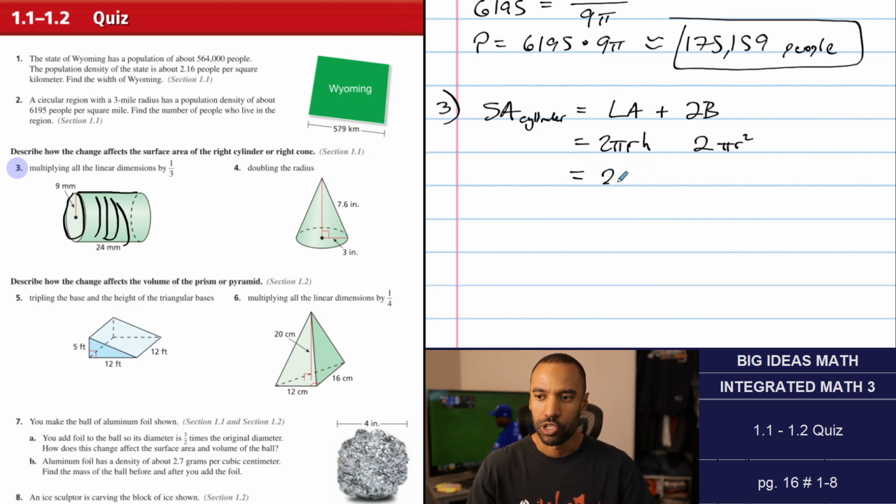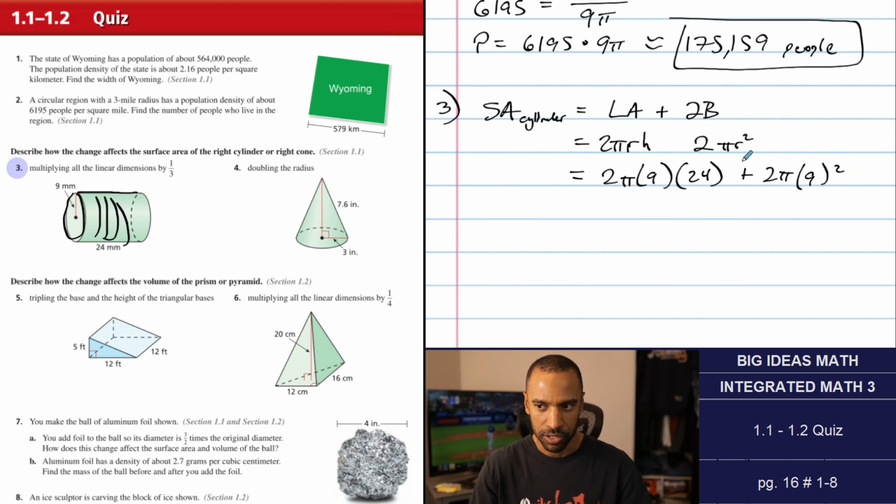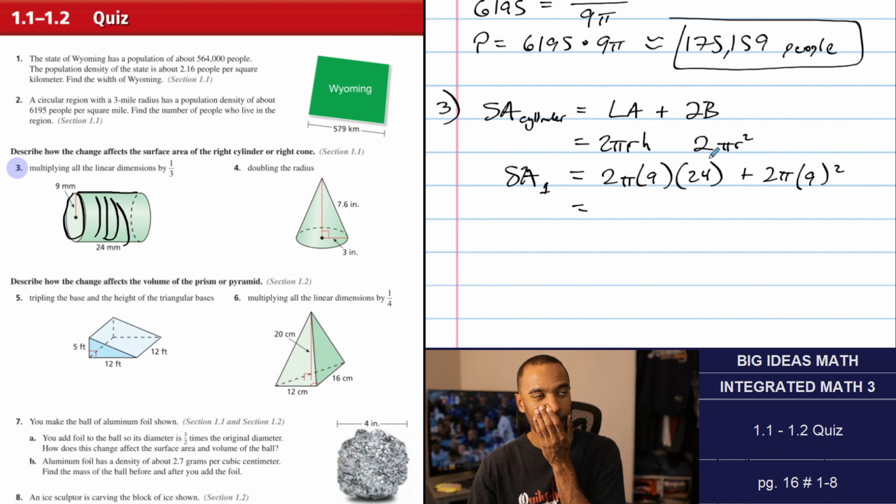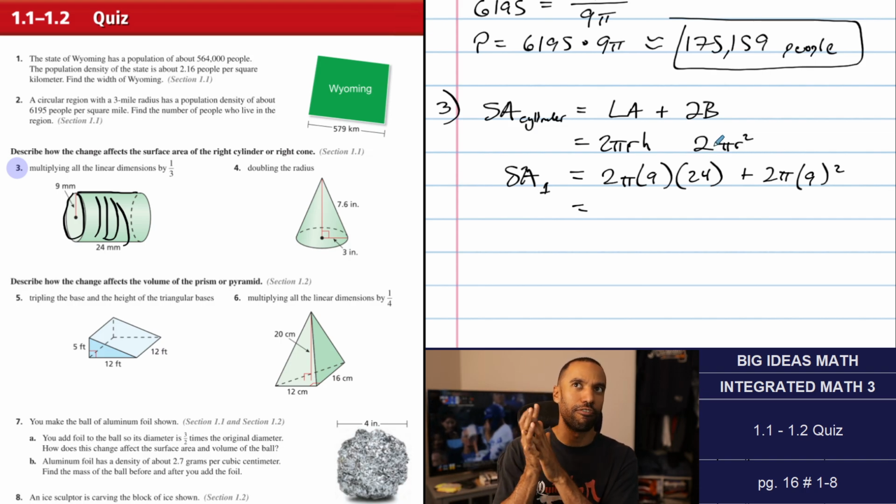So 2 pi times the radius times the height of the cylinder, that's 24. So 2 pi r h plus 2 pi r squared. And this is millimeters. This is the original, by the way. This is the first one. So surface area of object 1 before we shrink it will be this one. So let's do 2 times 24 is 48 times 9 is 408.